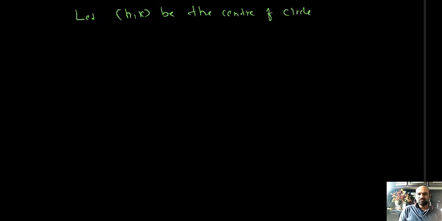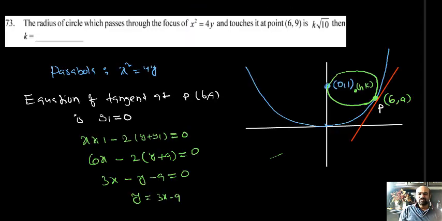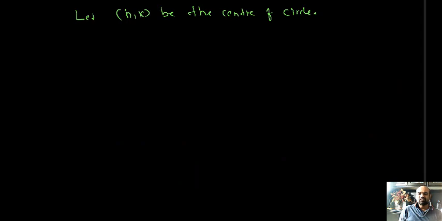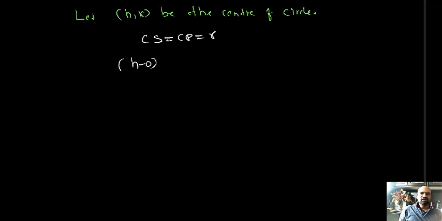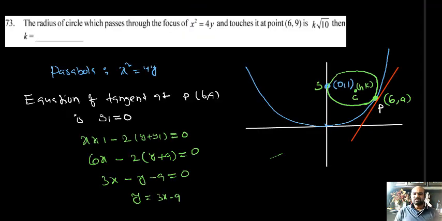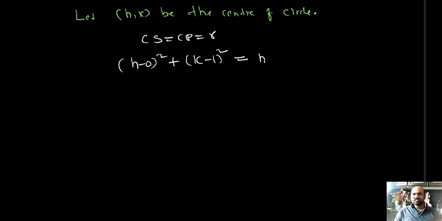Now what happened? Let this point be S, and let this center be C. SC equal to CP only, the radius of the same circle. That I will write: SC equal to, or CS equal to CP, that is equal to R. CS is the distance between S and C. That is (h minus 0) whole square plus (k minus 1) whole square equal to, see here now, (h minus 6) whole square plus (k minus 9) whole square.